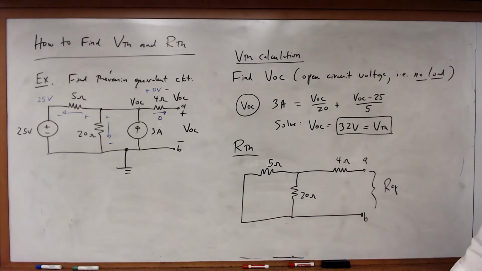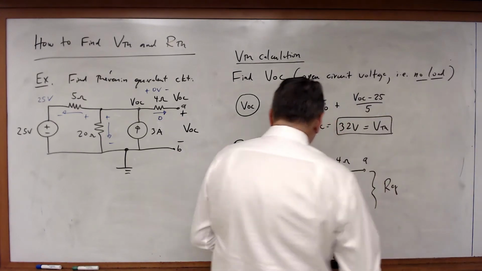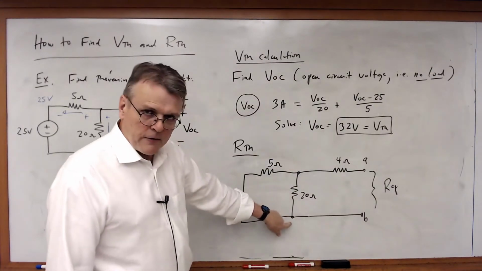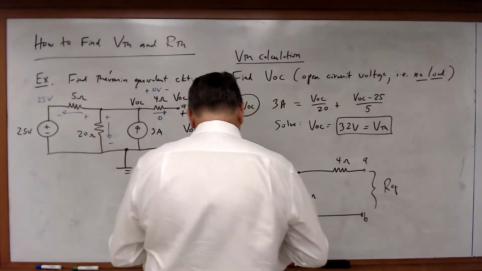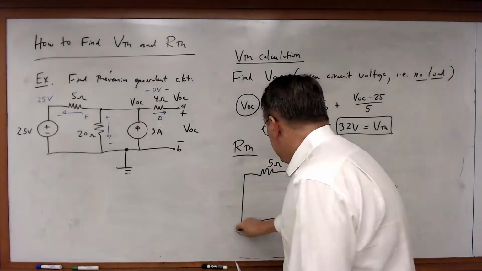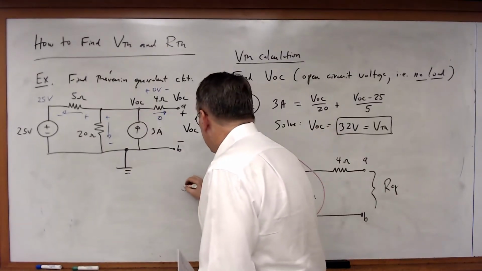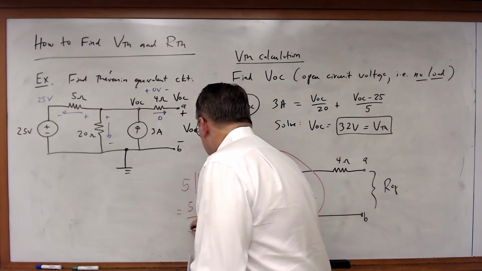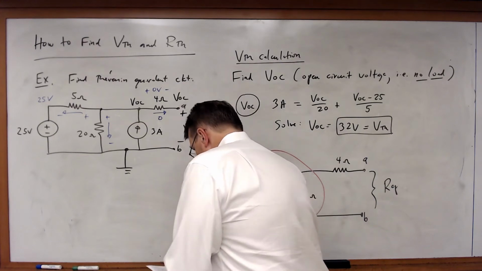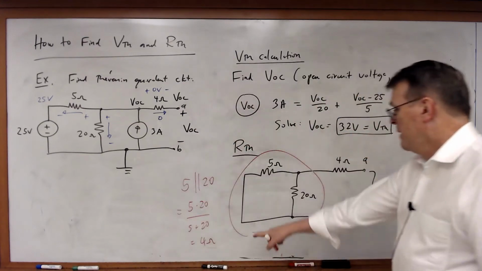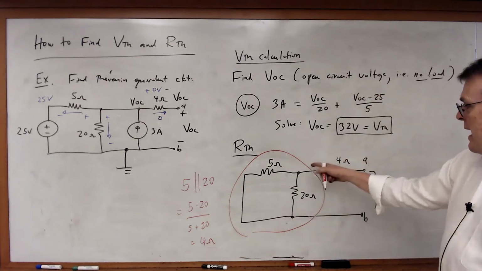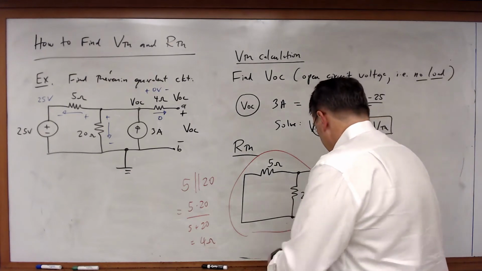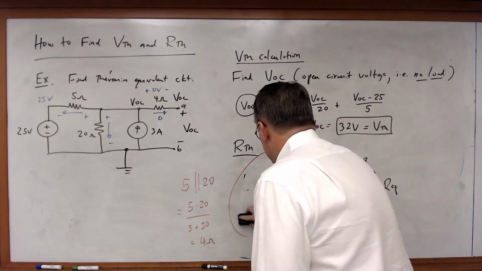In this case, it's pretty straightforward. Clearly, the 5 ohm and the 20 ohm resistors are in parallel, connected together on that end and connected together on that end. So 5 in parallel with 20 is equal to 5 times 20 over 5 plus 20, which is equal to 4 ohms. And I've got 4 ohms in series with that once I reduce these two resistors to one.